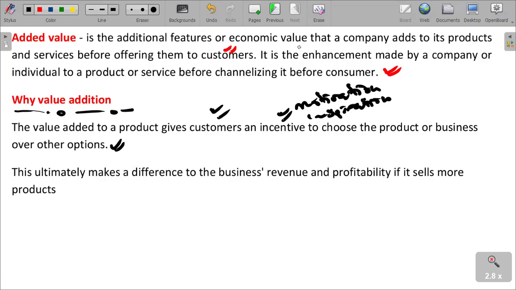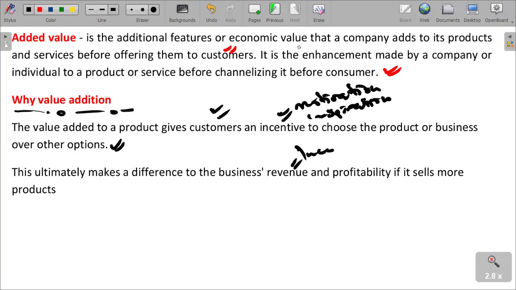So what makes value addition important? It is a consumer attraction mechanism. It is a selling technique. It is a profit making model that is designed in order to make more money with regards to what is being sold. So this ultimately makes differences to business revenue and profitability.